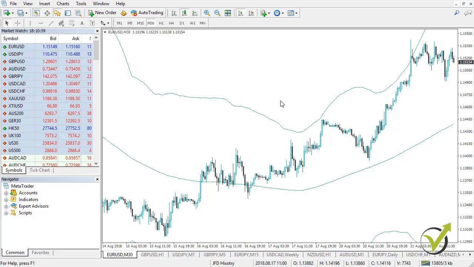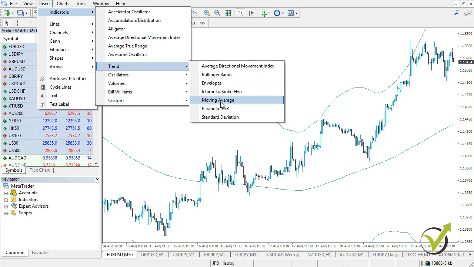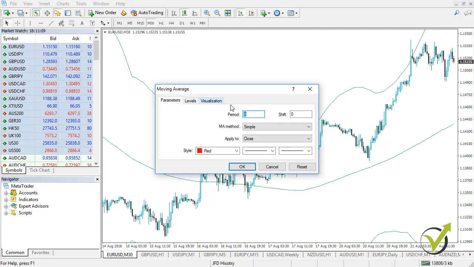Now the second question is, why I cannot find the EMA indicator in Metatrader. Well, EMA stands for Exponential Moving Average, and actually it is available in Metatrader. If you look at my screen and I go to insert indicators and go to trend, this is where you will find the moving averages, and here as moving average method you can select simple, exponential, which is the EMA, smoothed or weighted.